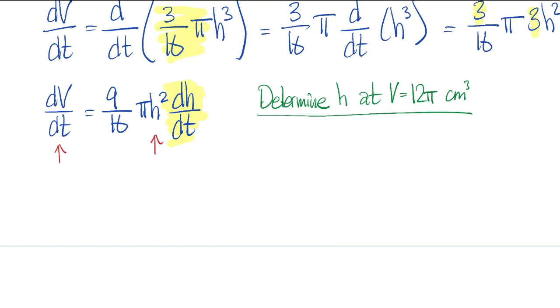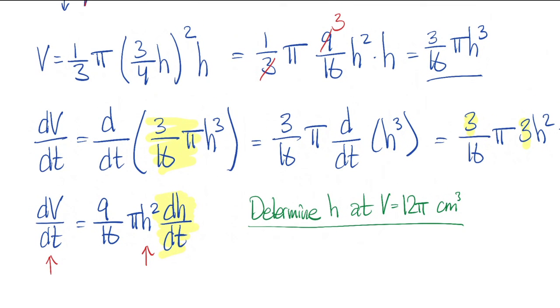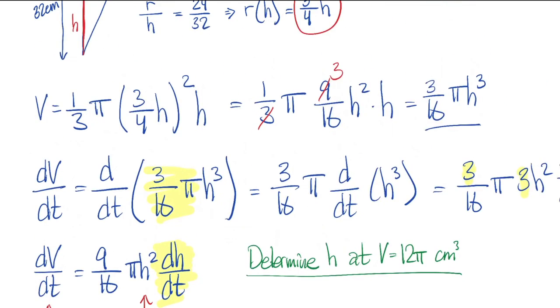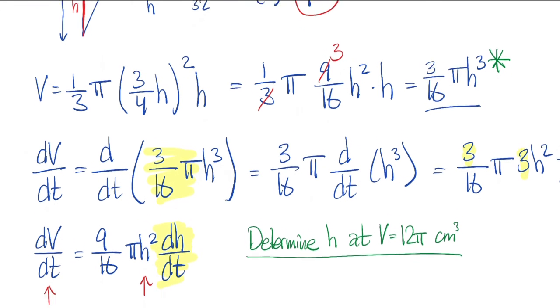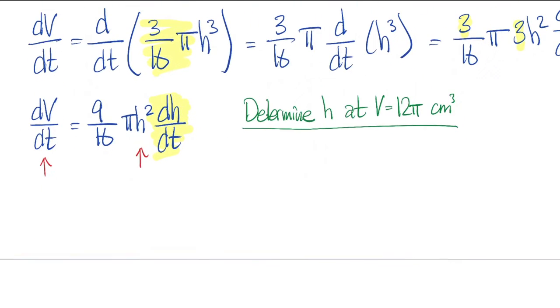So to do that, we're going to just use our formula for the volume, this one right here, where we only have h, where r has been eliminated.